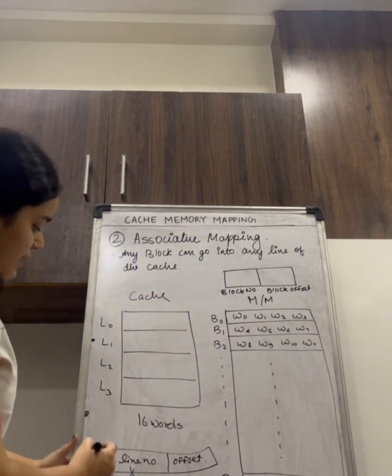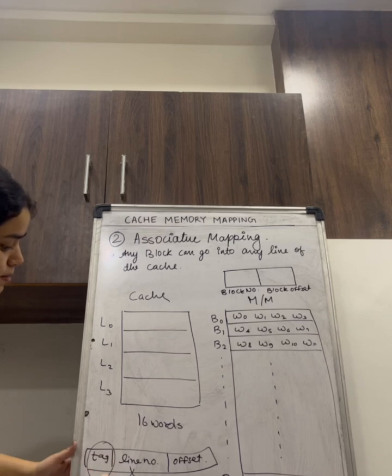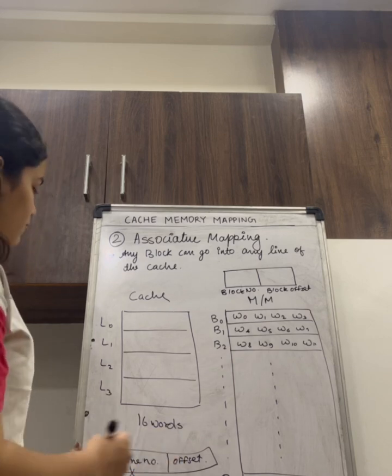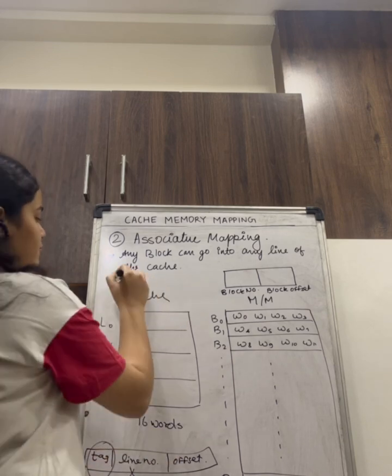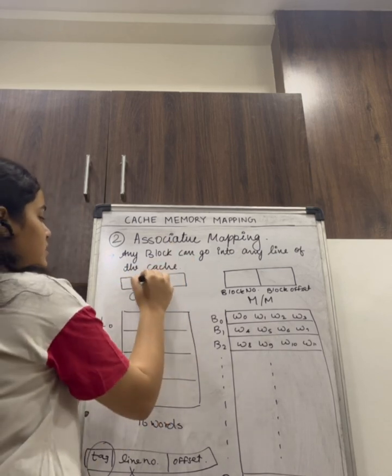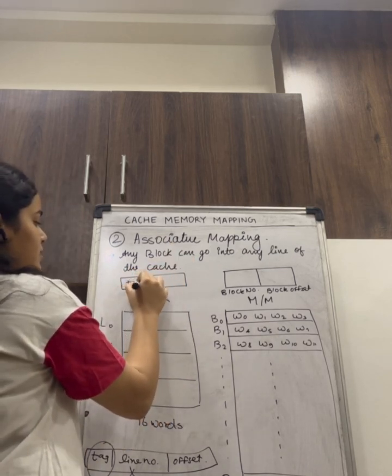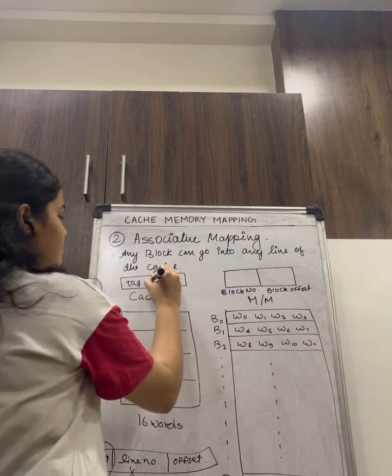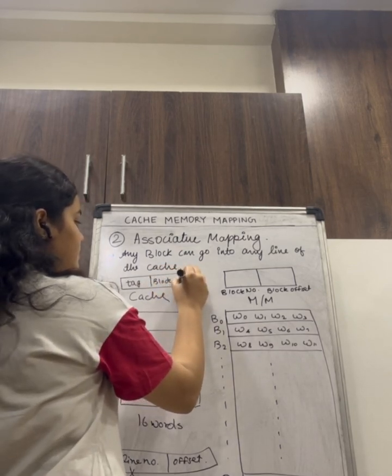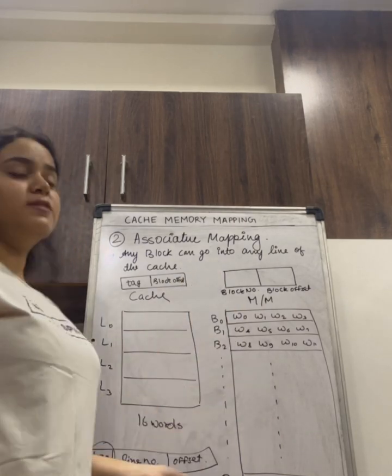So the whole tag is represented by the block number bits. So the address of this type of mapping can only be divided into 2 fields. The first field will represent the tag, and the second field will represent the block offset. So this is associative mapping.